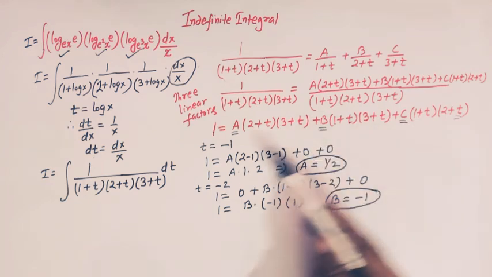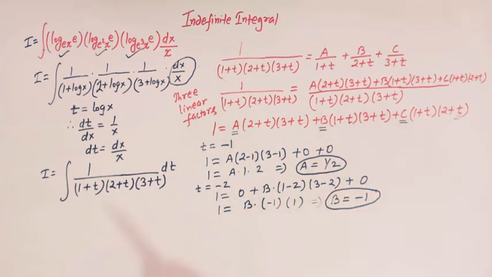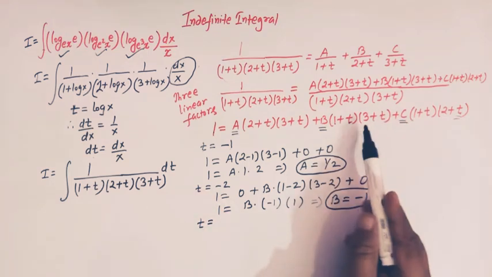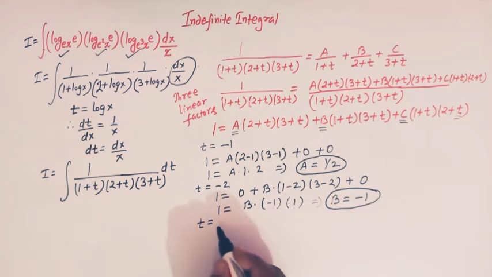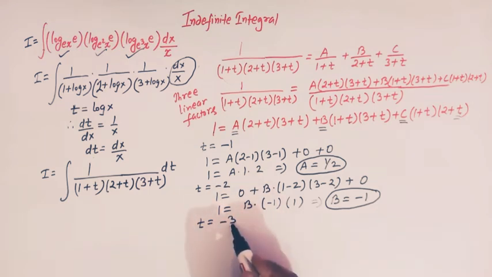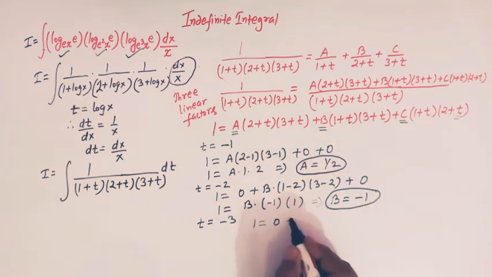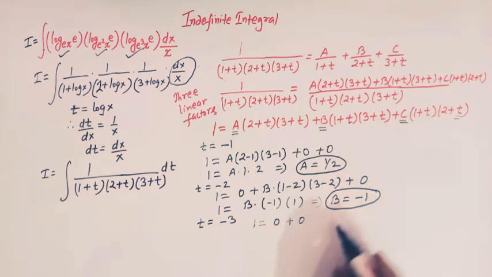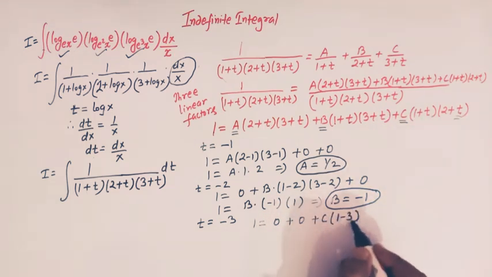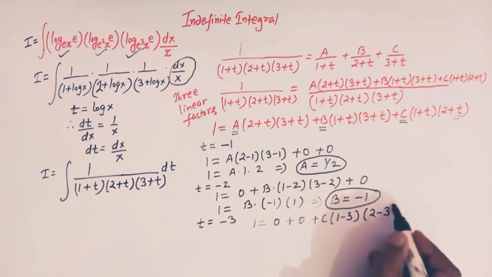Now we have to find the value of c. So now let us take t is equal to say minus 3, right? So when t is minus 3, then this term is 0, and this term also 0. Then here we have c times 1 minus 3 and 2 minus 3, right?